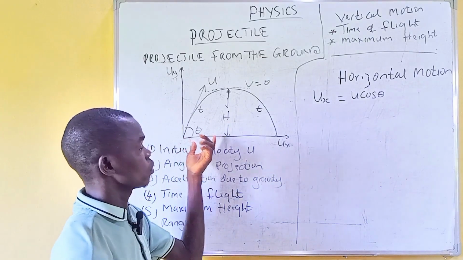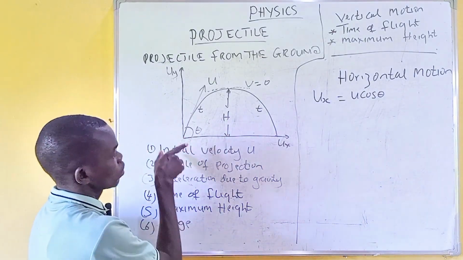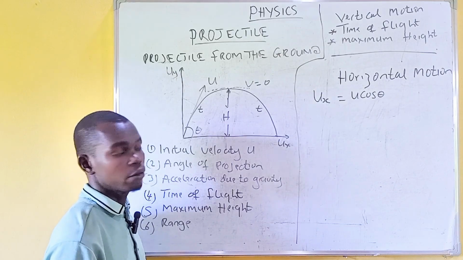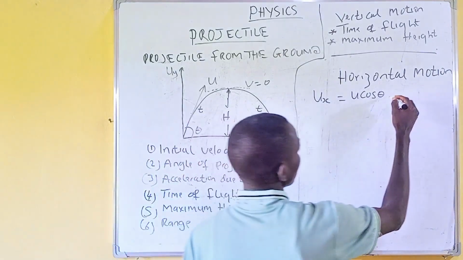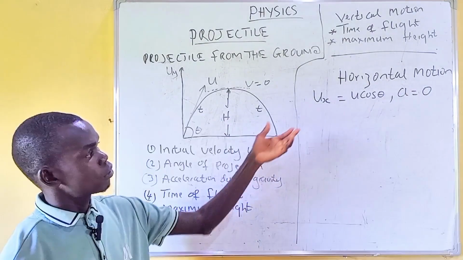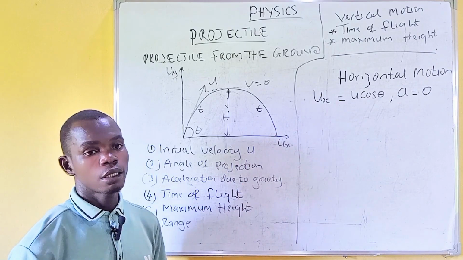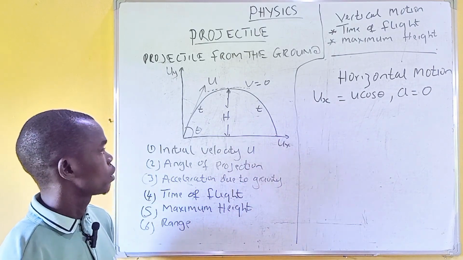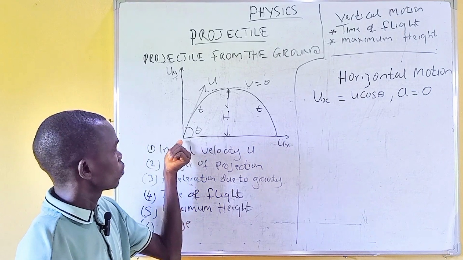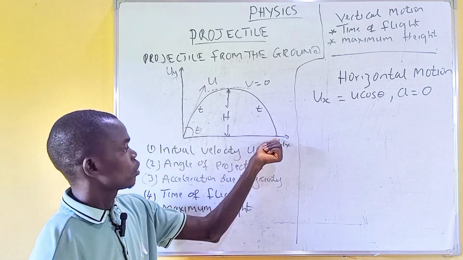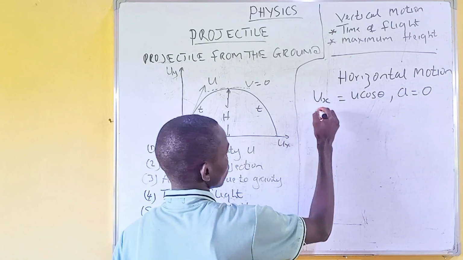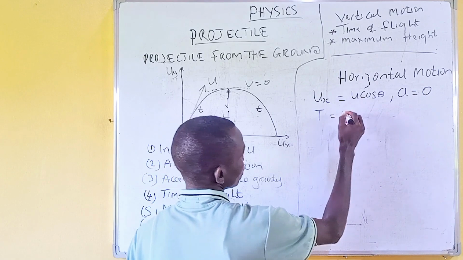And the acceleration will be equal to 0, since we have a constant horizontal velocity. From here, we can find our parameters. And we know that the time from the point of projection to the end of the projection is equal to T, which is the time of flight.